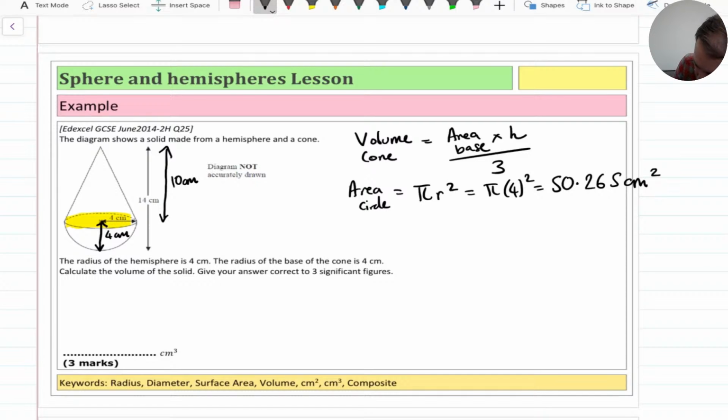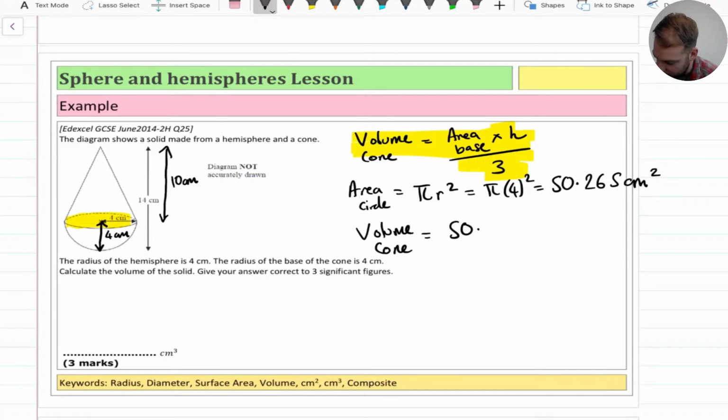So that's the area of the circle, but we're not trying to find the area of the circle. We're trying to find the volume of the cone, which is the area of the base times by the height divided by 3. So the volume of the cone is equal to 50.265 times by the vertical height of the cone, which is 10 centimeters, and then divided by 3.